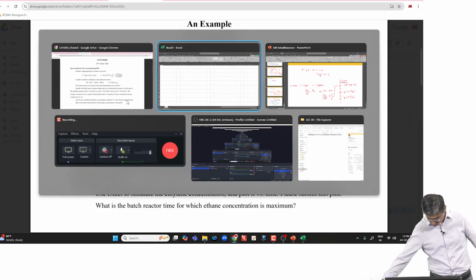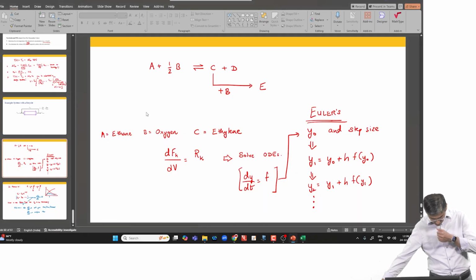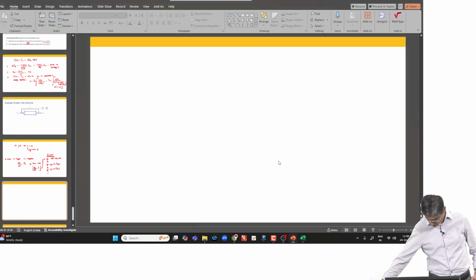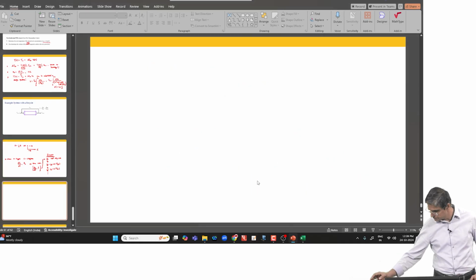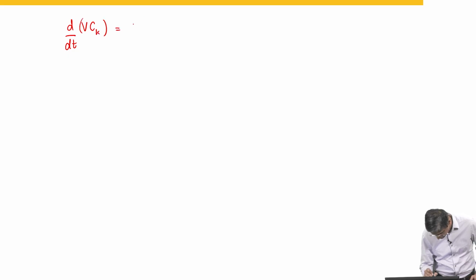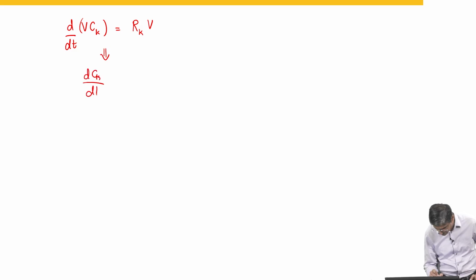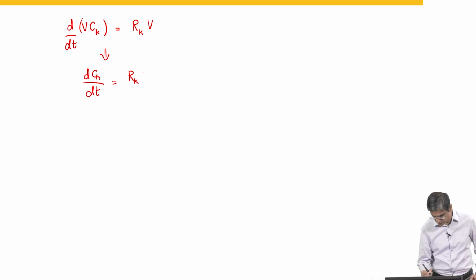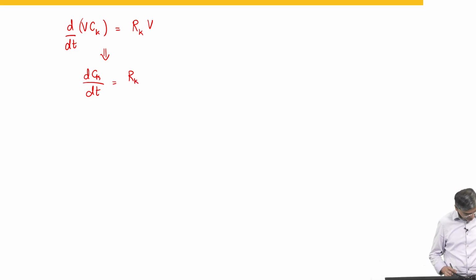The constant volume batch reactor equations are dCk by dt equal to Rk, right?